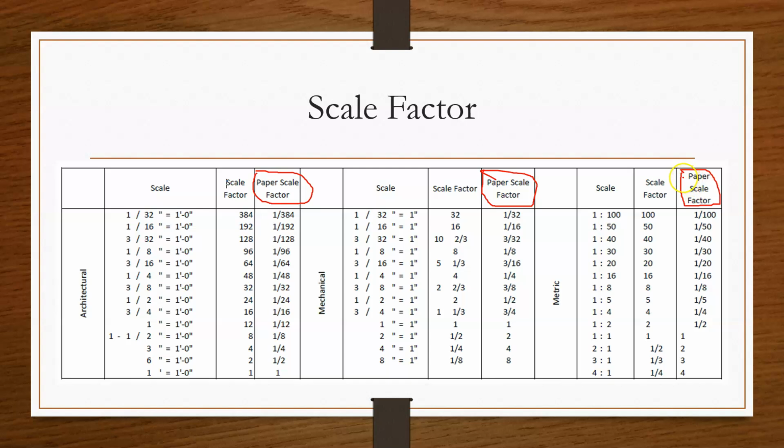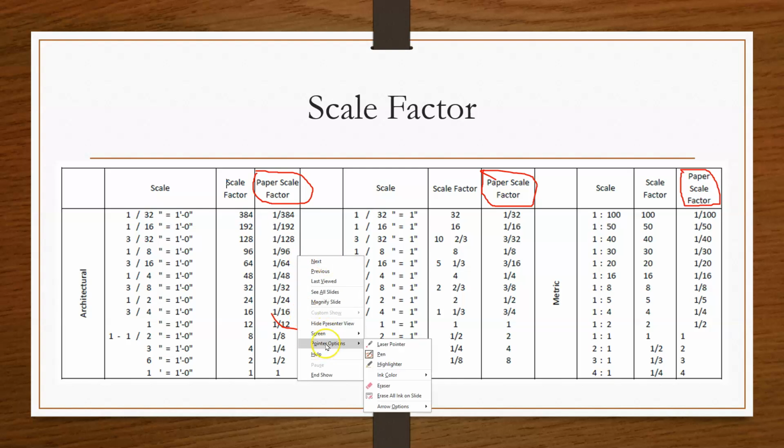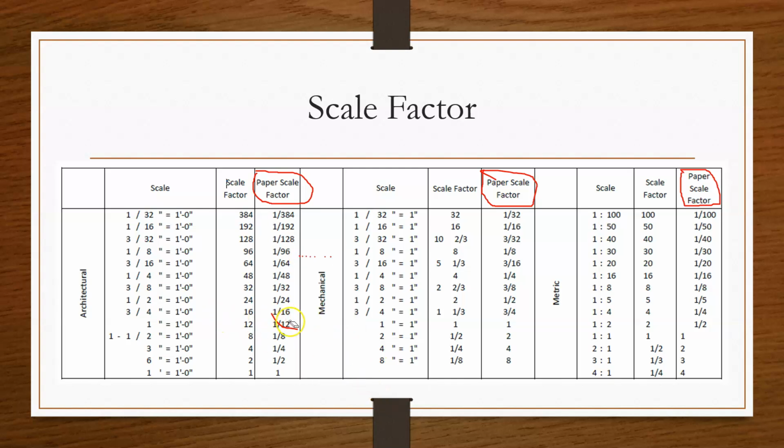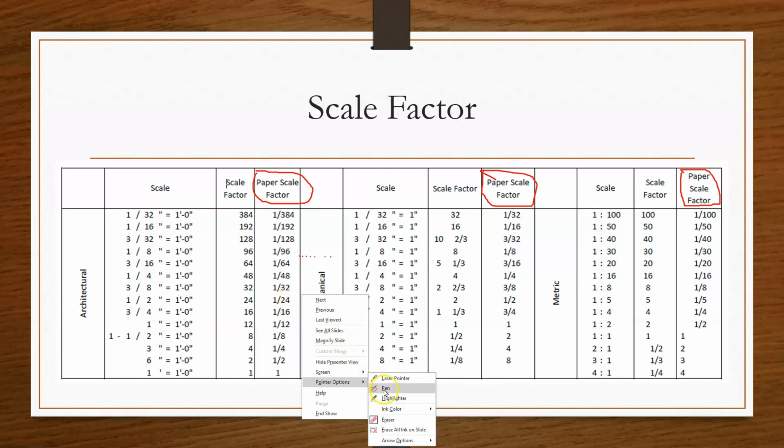Just to give you a little preview, this deals with the viewports. All right, so these numbers can all be calculated, and they're rather simple. They can be calculated rather easily, and I will show you how to do that.